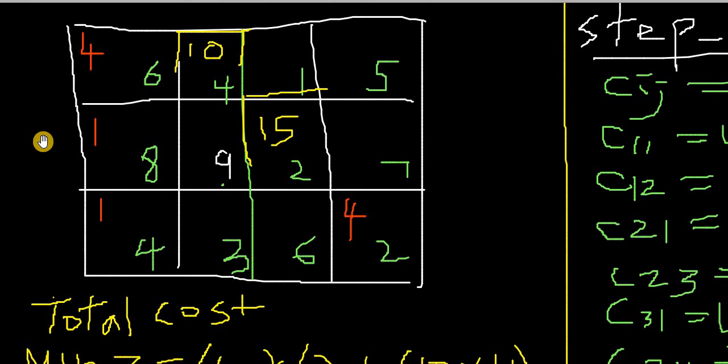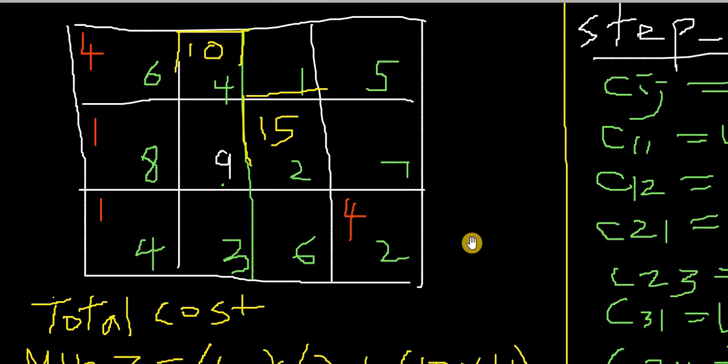You transport from here to here one item at the cost of 8 rupees per item. You transport from here to here 15 products at the cost of 2 rupees per item. You transport one item from here to here at the cost of 4 rupees, and transport 4 items from here to here at the cost of 4 rupees.